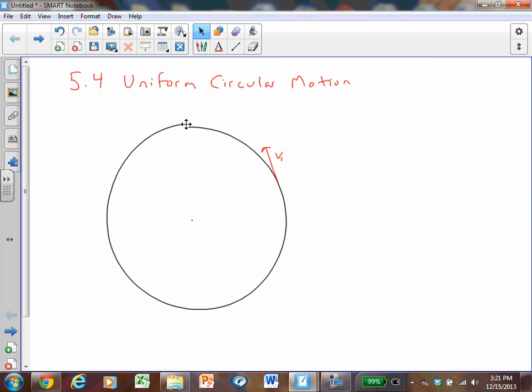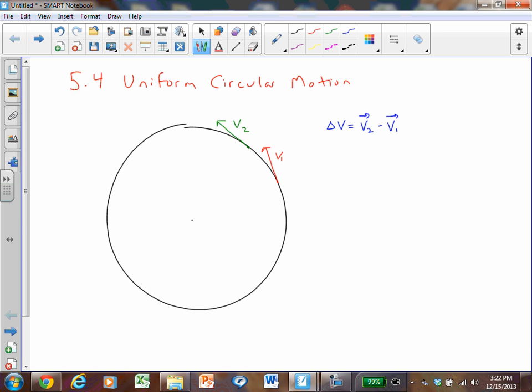Now, at another point, say here, we keep that as well, same length, but v2 is like that. So it's off differently. Now let's think of these vectors in terms of the change in v, because change in v, you remember, is v2 minus v1.